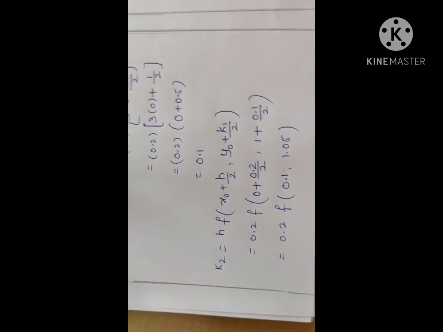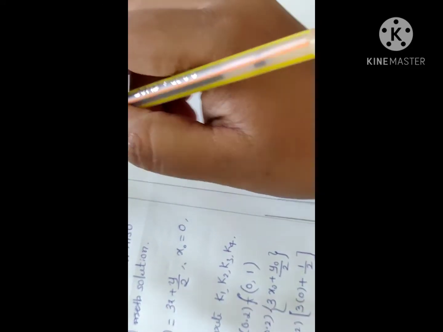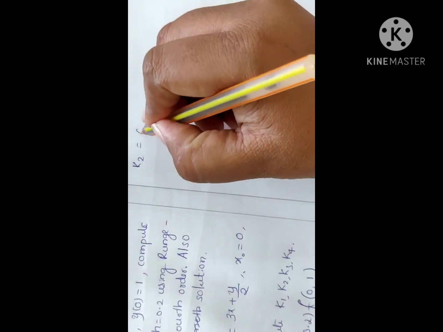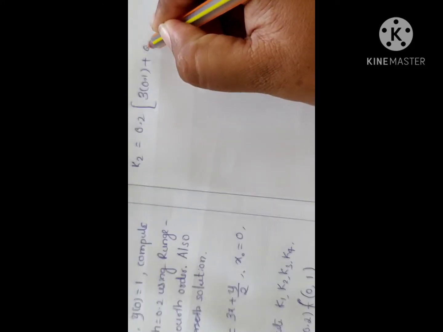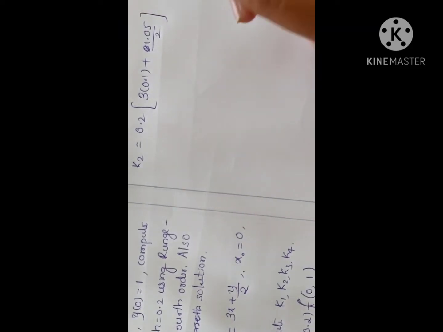So K2 is equal to 0.2 into (3 into 0.1 plus 1.05 by 2).